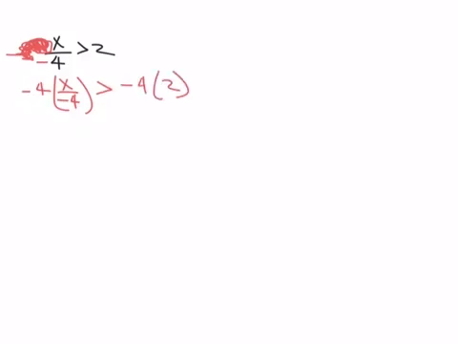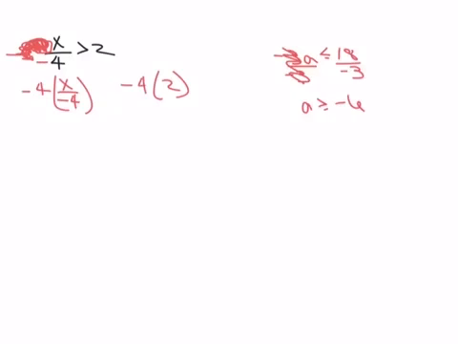Now notice what I did. In the last example, negative 3a is less than or equal to 18, I said if we divide by a negative, we change the sign around. When we multiply by a negative, you also change the sign around.